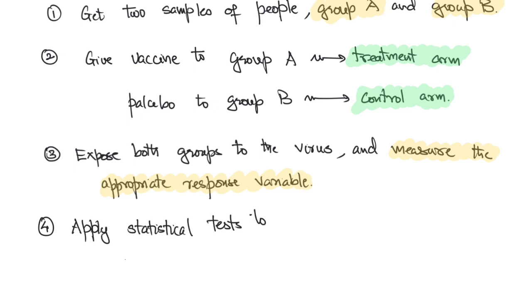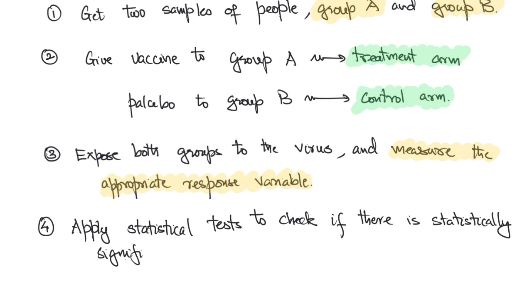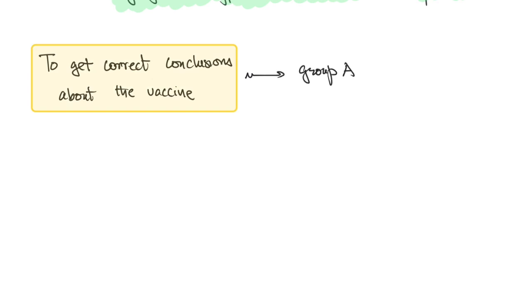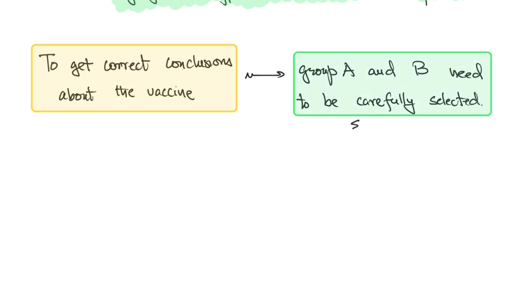Finally, we'd want to apply some statistical tests to check if there is a statistically significant difference between the two responses, one obtained after taking the vaccine and the one without the vaccine. This is a rather simple experimental setup, and even in this case, to get correct conclusions about the efficacy of the vaccine, we would have to choose group A and B very carefully.